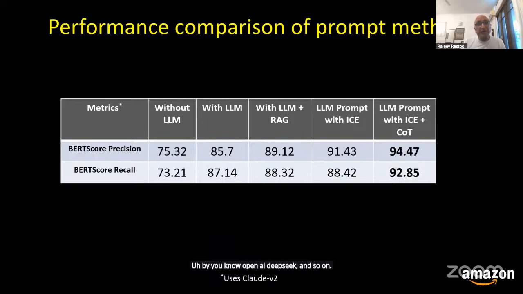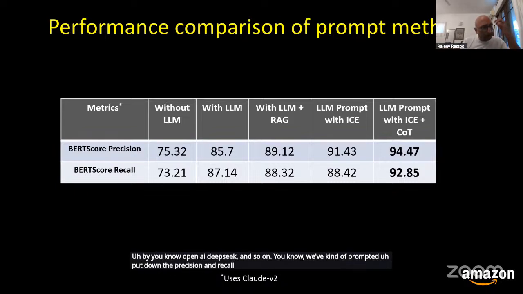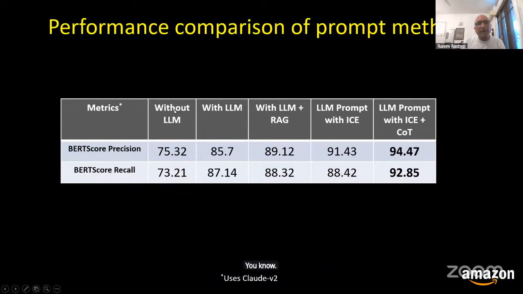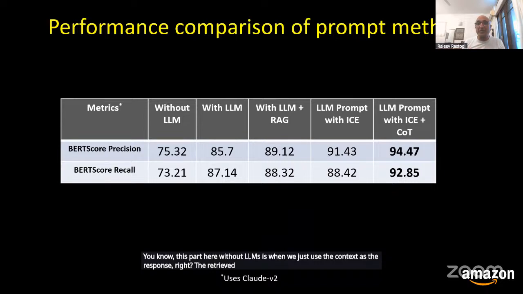You can see here, we've put down the precision and recall of the responses to questions using context. This part here without LLMs is when we just use the context as the response, right? The retrieved relevant context from the knowledge store, which is returned without any processing by LLMs.